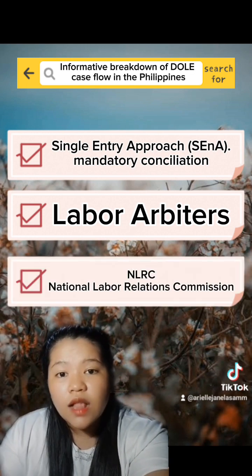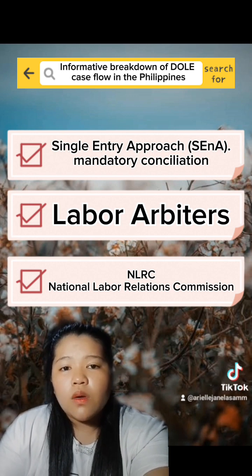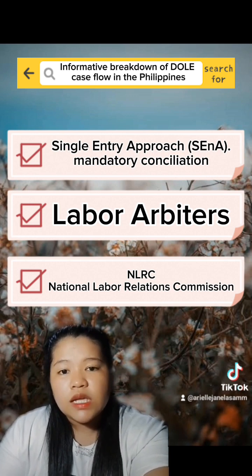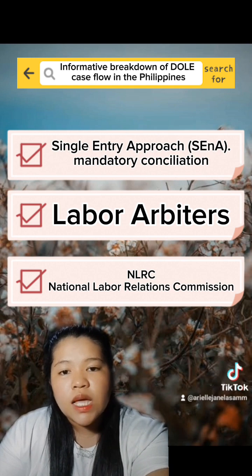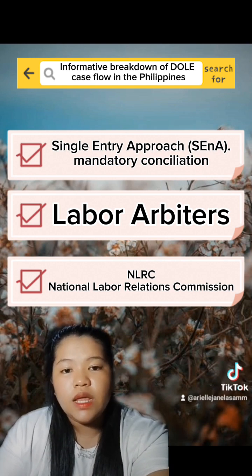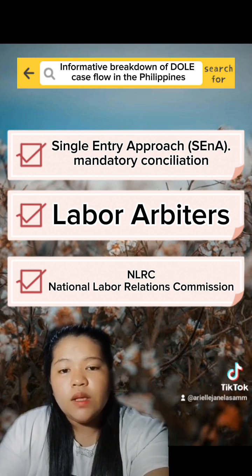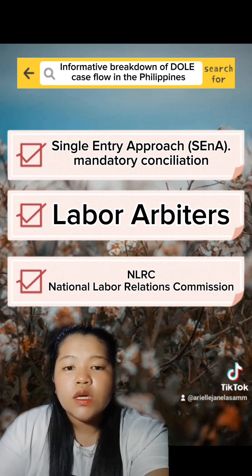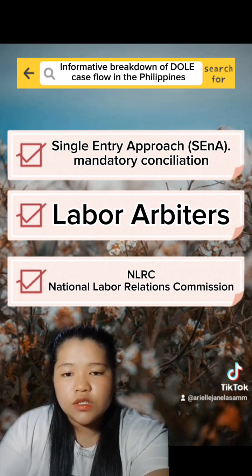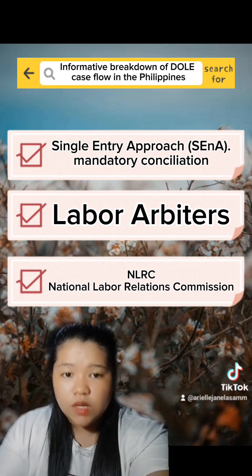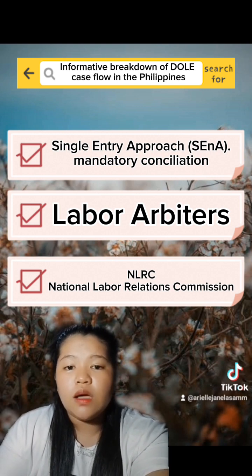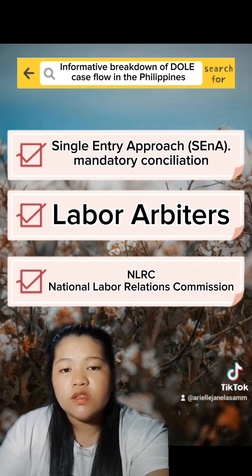So NLRC is a quasi-judicial agency tasked to promote and maintain industrial peace based on social justice by resolving labor and management disputes involving local and overseas workers through compulsory arbitration and alternative modes of dispute resolution. As I've mentioned before, the aggrieved party must create a complaint petition that cites their cause of action.